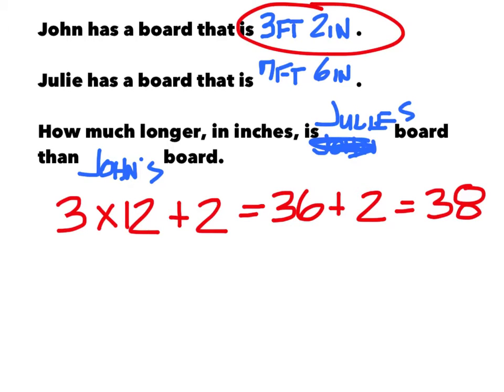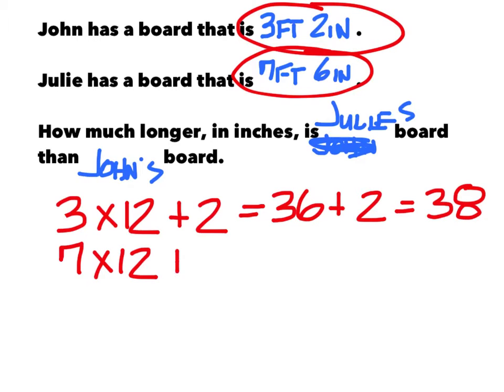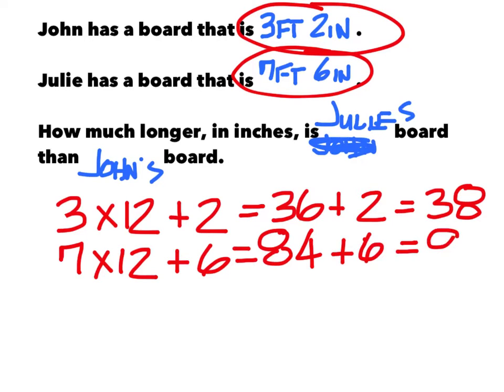Then for the second one, you convert this one, 7 times 12 plus the 6 inches that are left over. That's 84 plus, not 12, but plus 6. And that would be 90. So now all you need to find is the difference between 90 and 38. So subtract 38 from 90 and come up with an answer of 52.